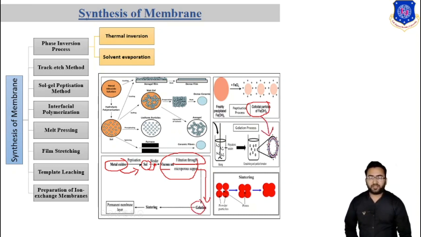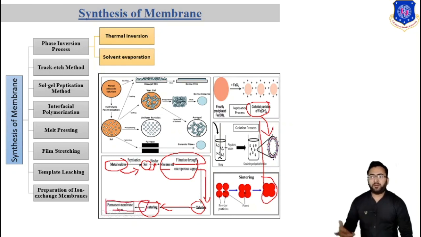After the gelation process, the sintering process occurs. In the sintering process, we merge these colloid particles and make the solid. Due to the merging of these particles, we get some pores in the solid structure, and a permeable membrane layer is formed. So this is all about the sol-gel peptization method.